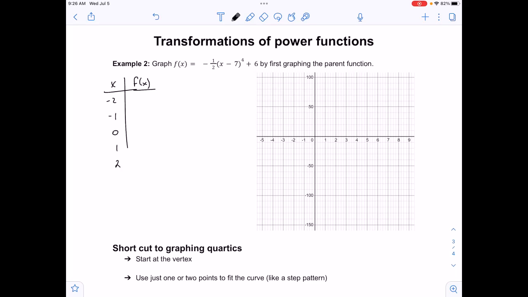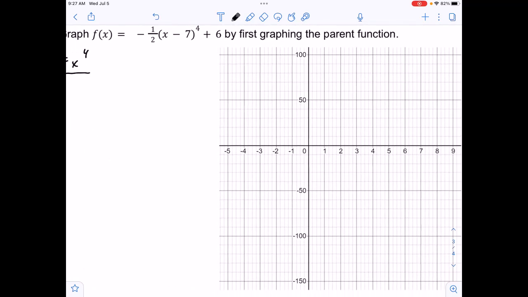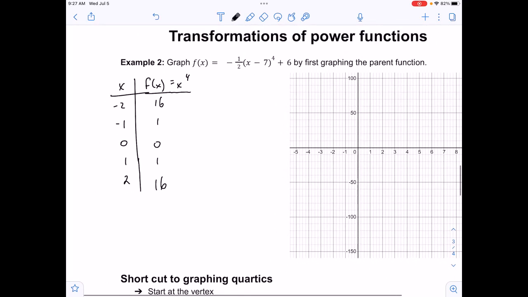And I'm using the same x values. Recall that the parent function is x to the power of 4, so I'm going to put all of these to the power of 4. Really, the only thing that changes there is the 2 points, and I'll go ahead and plot them. -2 goes up to 16. And how much is this graph going up by? Going up by 10s. So we're going to do our best to show it about there.